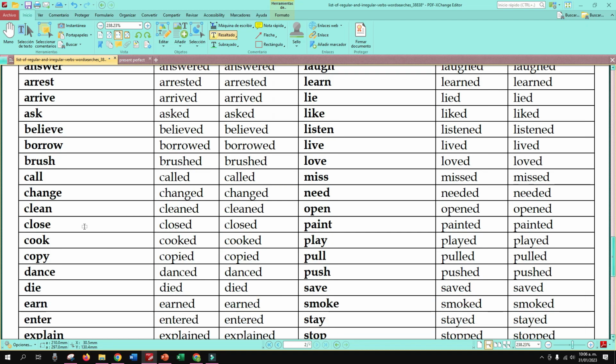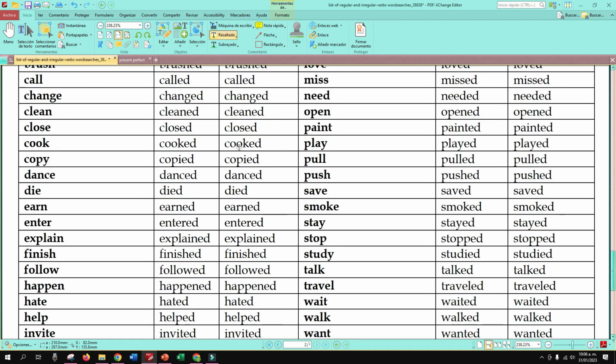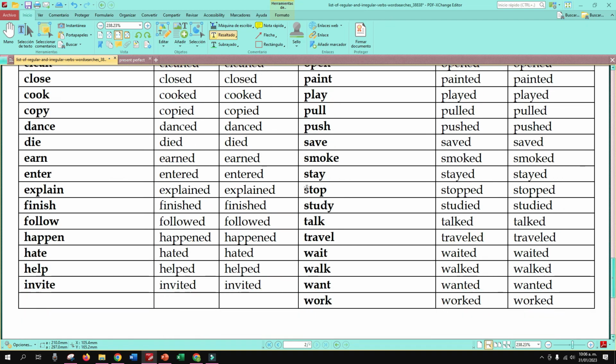That is the same. Clean, cleaned, cleaned. Open, opened, opened. Copy, copied, copied. That is like the regular ones. Study, studied, studied. Hate, hated, hated. Help, helped, helped.